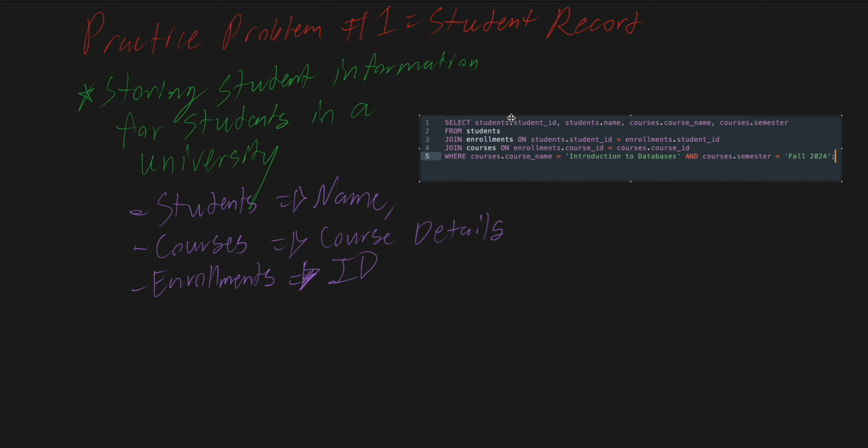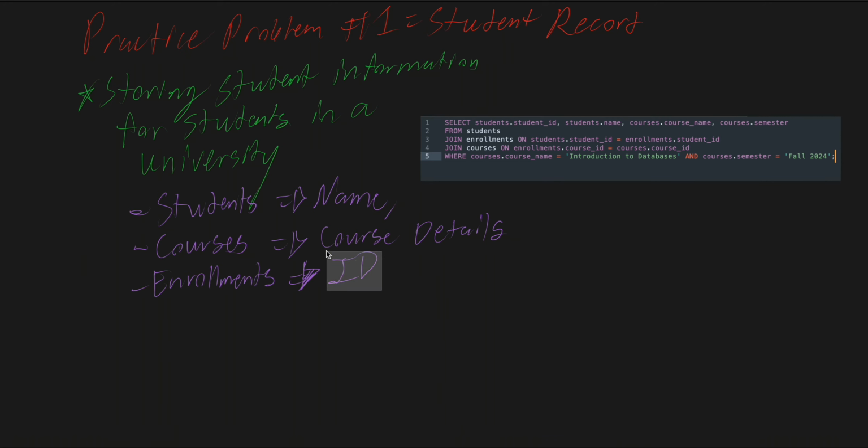And so we're using the from command to call upon a relational database, the students, and we have to combine the enrollments and the courses as well based on the student's ID that we already have. And this .id is really pertaining to the field of students that we have based on ID, name, and then also the courses based on course name and course semester.